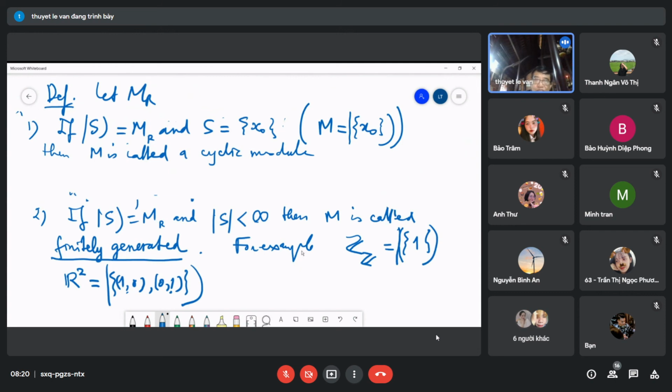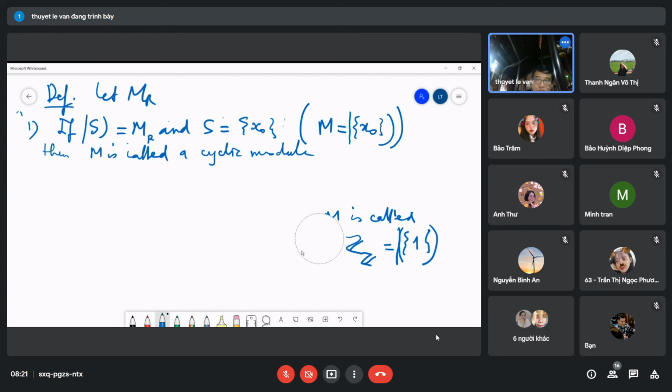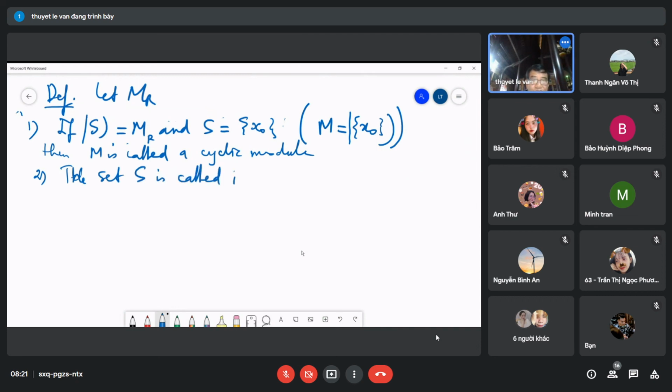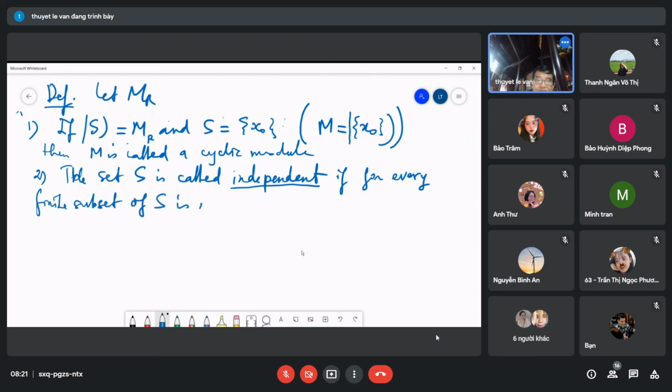Okay, and now I define independence. The set S is called independent if every finite subset of S is independent. What does it mean for a finite subset to be independent?